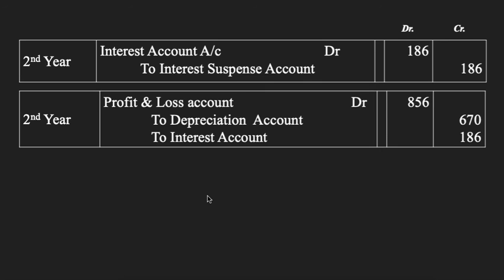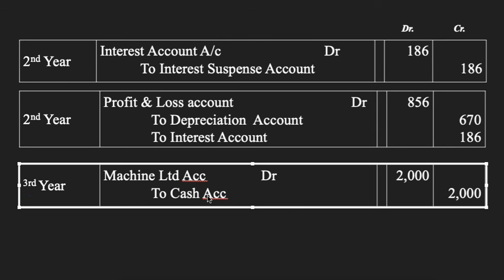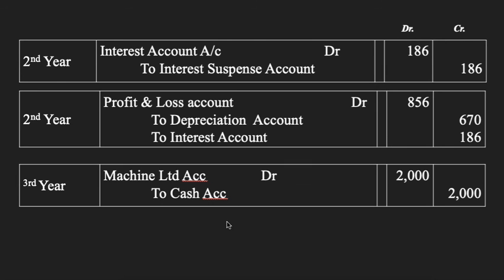Now for the third year, the transactions remain the same, only the amount will change. We are paying the third installment in the third year, and the journal entry will be machines limited account debit to cash account, and the amount is 2000 rupees.